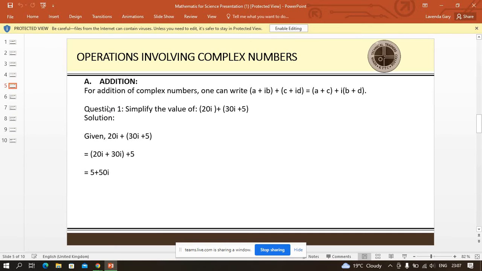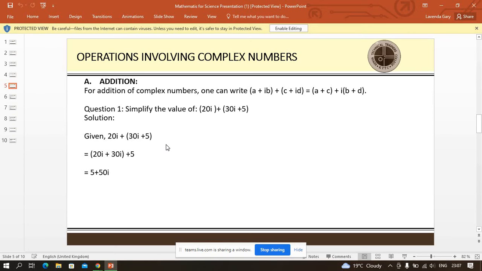So, for example, given a plus ib is a complex number added to c plus id. The real parts of the complex numbers are a and c, while the imaginary parts are ib and id. So when we are going to add, we shall add a plus c to form the real part of that complex number, while b plus d shall form the imaginary part of the complex number.